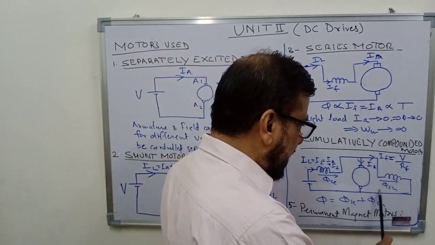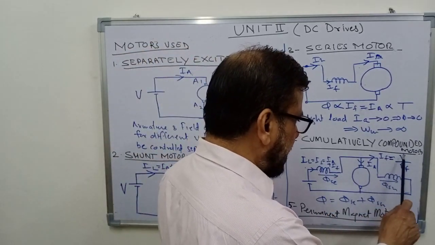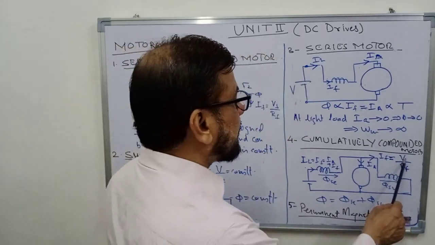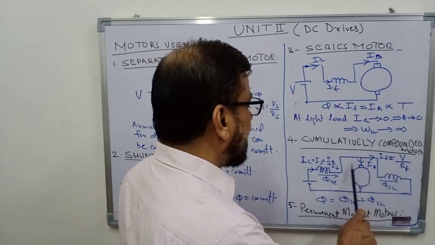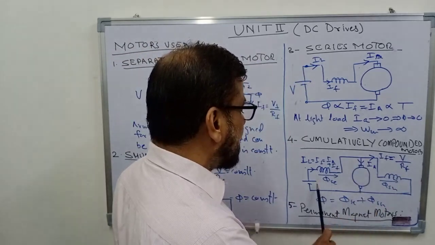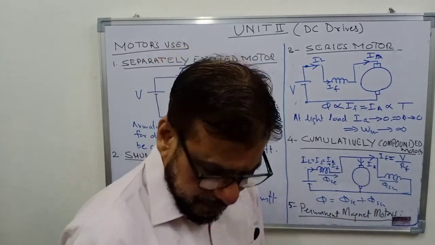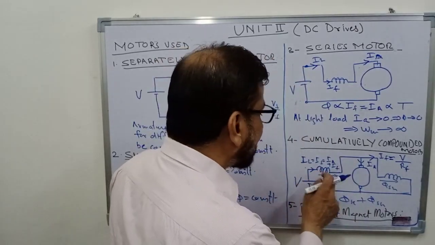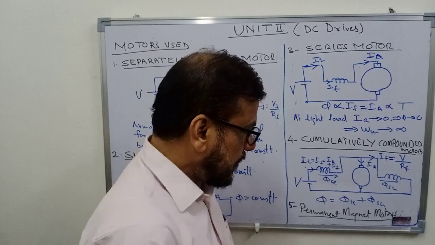So this is the shunt field winding, and this is the series field winding. Current flowing through the shunt field winding will be IF equal to V upon RF, where RF is the resistance of this field winding, and this voltage is almost equal to the supply voltage V, minus some drop here that is negligible.